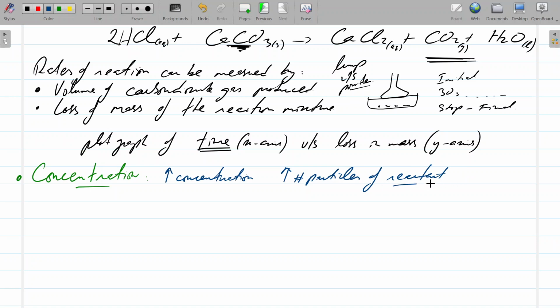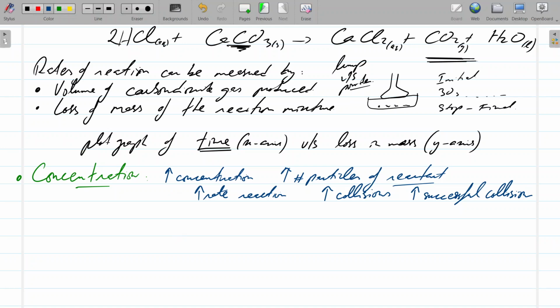And so if there's more of the reactant, then that will increase the rate of the reaction. Why will it increase the rate of the reaction? Because with more reactant, you'll have more collisions, right? And therefore, there's a chance of more successful collisions. Make sense? Yes. Okay. So that is the concept behind it.